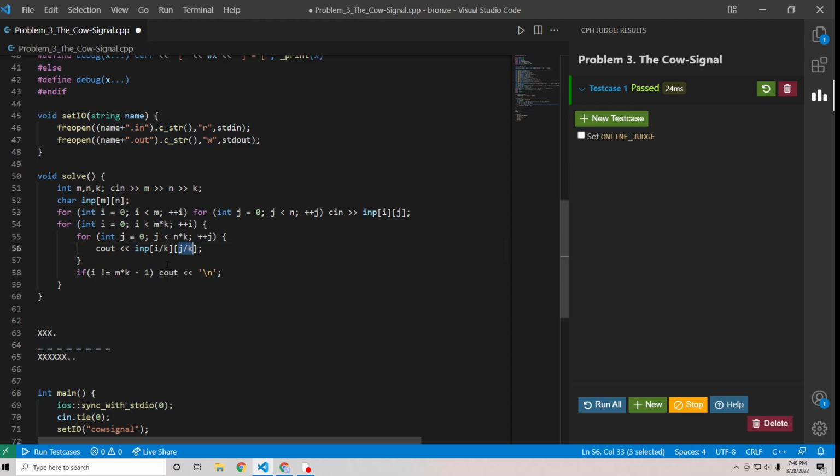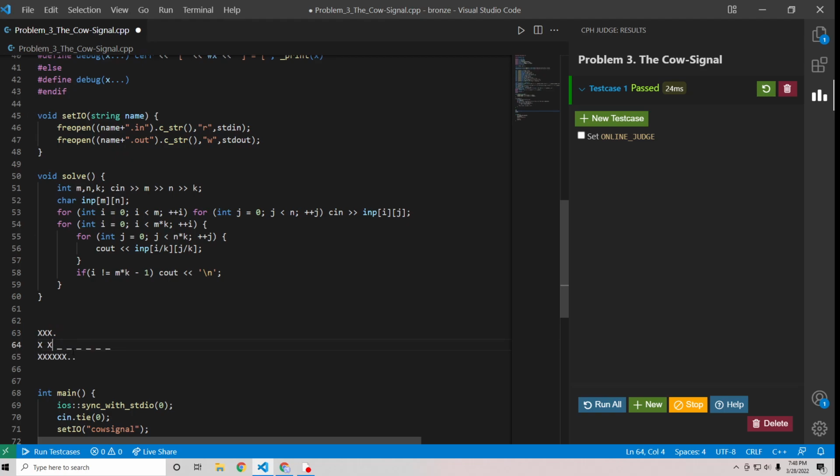Essentially we look at the 0th element. Since in this problem K was 2, 0 over 2 rounds down to 0 because we're dealing with integers here. So we look at the 0th index, which is this. Now 1 over 2 is 0 because we're dealing again with integers, so we look at the 0th index of the original string, which is again X.